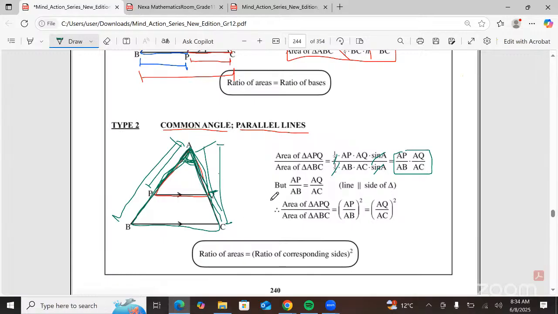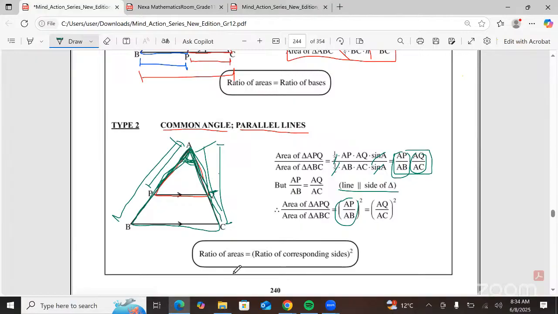Reason being the proportionality theorem, then you state your parallel lines, or line parallel to one side of a triangle. Therefore, if this is equal to this, you can just say AP times AP over AB times AB, which will just give us this. Or if you choose AQ over AC squared, you can also go for it.